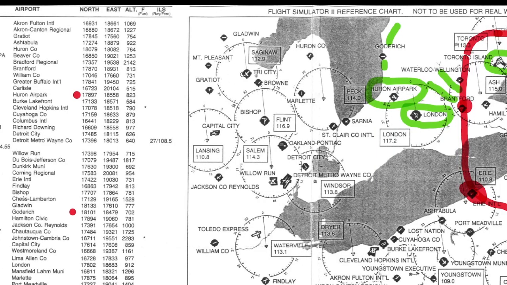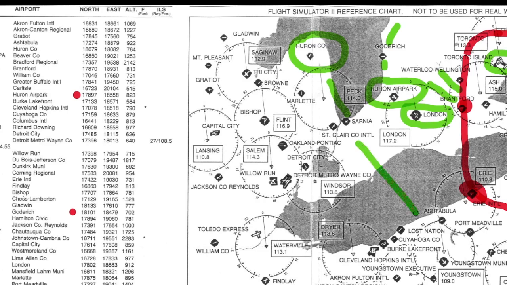And let's see, we've been up here in Tri-City and stuff, so then we can land at this Huron Airport and basically work our way south. We flew by Sarnia, so we could stop there and then just cut straight across here. So we can go, we've been to Cleveland, so we don't need to do that again.